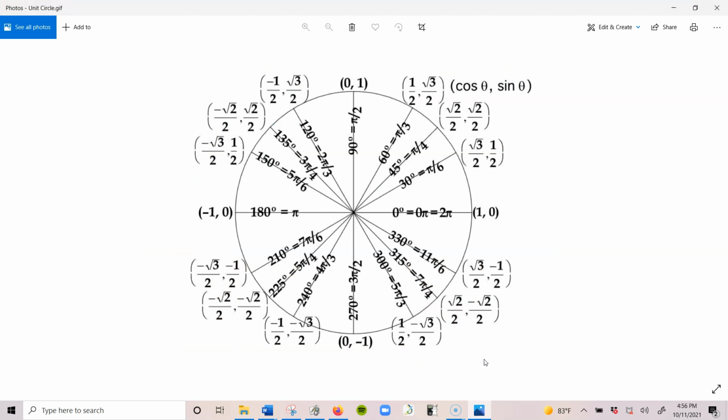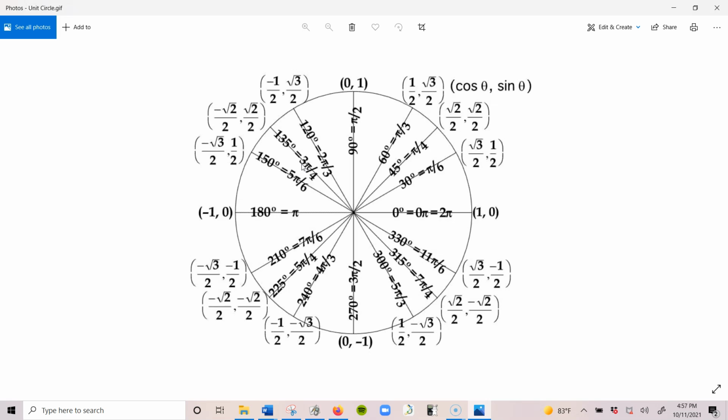If you look at your unit circle, we're looking for, again, the angle when we have a cosine of negative square root of 2 over 2. Here is the negative square root of 2 over 2, which is the angle 3 pi over 4. And normally with trig functions, you have 2 answers. So I scan again to see if there's another negative square root of 2 over 2, which is right here, and that's for the angle 5 pi over 4.